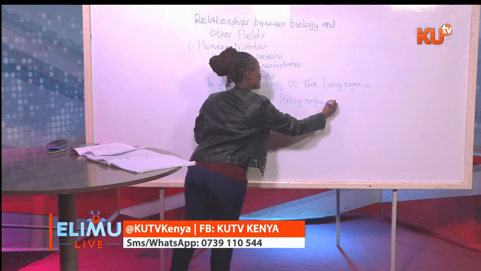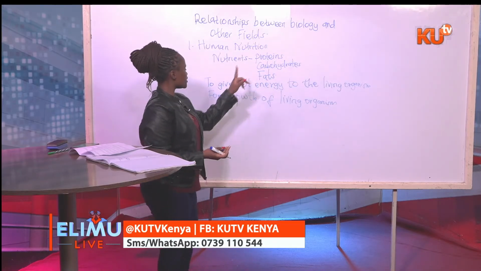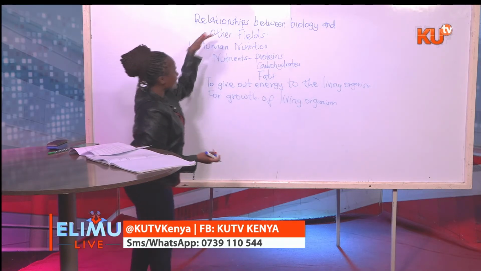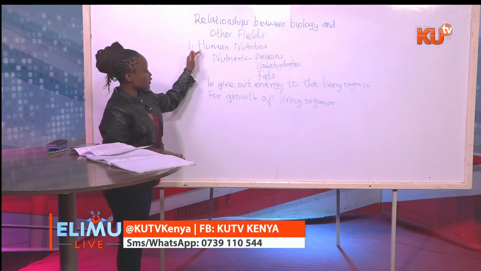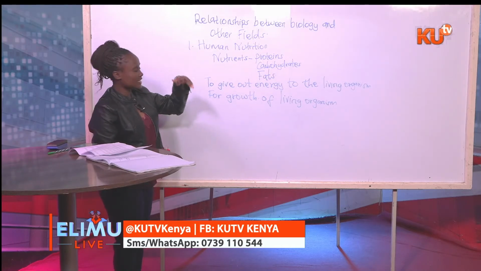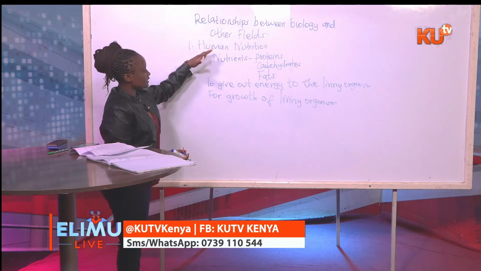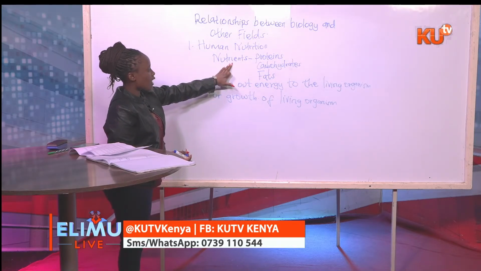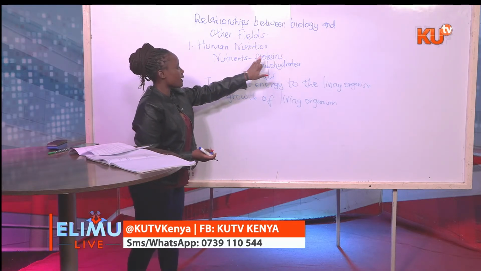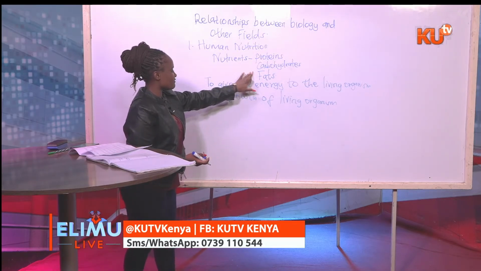Previously, we had said that biology is the study of living organisms. Now, the relationship between biology and human nutrition: students are able to study human nutrition and how nutrients are given out. The nutrients include proteins, carbohydrates, and fats.